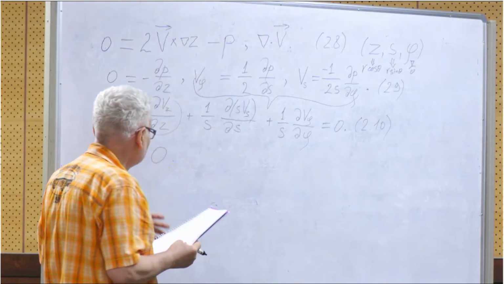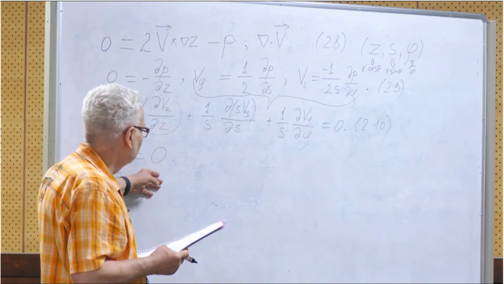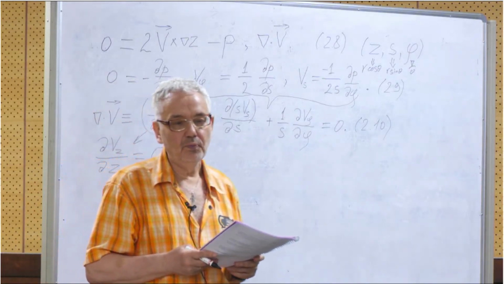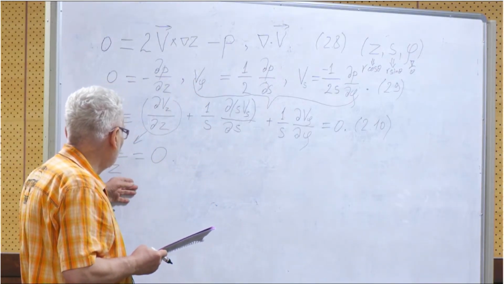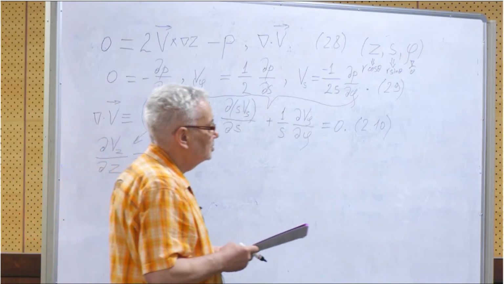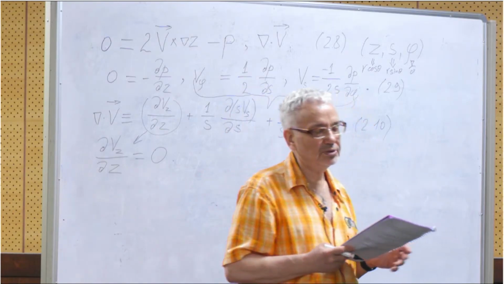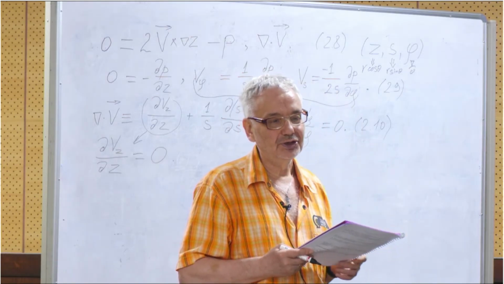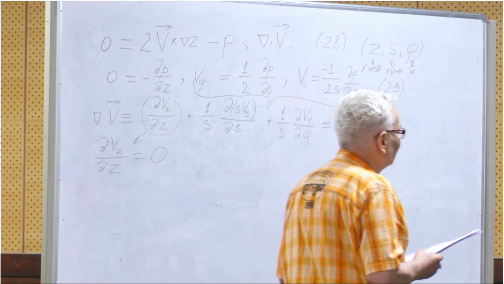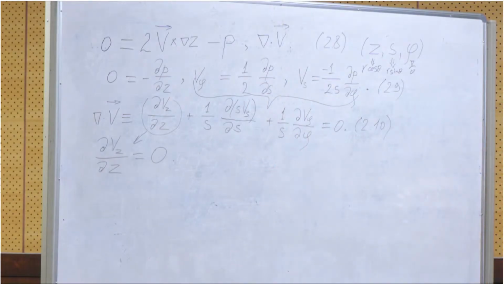In other words, mathematically it is written down like that. But more important in the physical sense, this means that in this approximation, maybe zero order or maybe first order, there is no dependence on the z-axis, at least for the velocity in this direction.